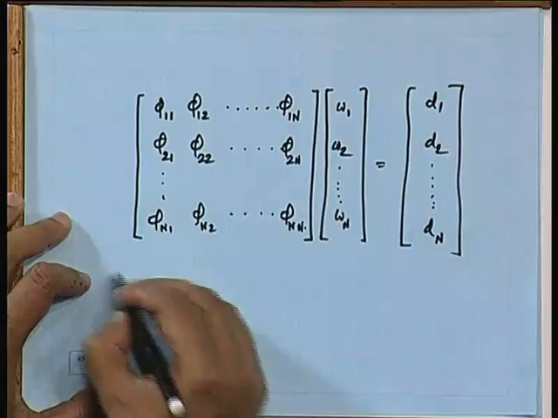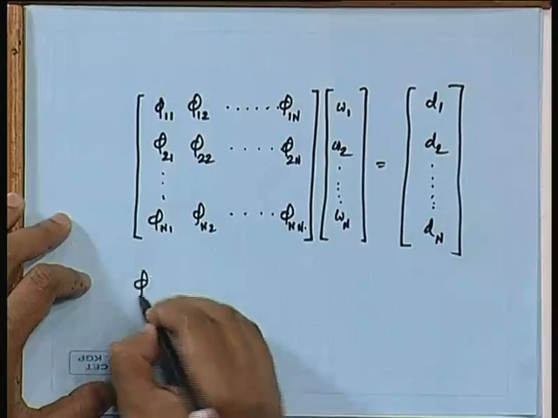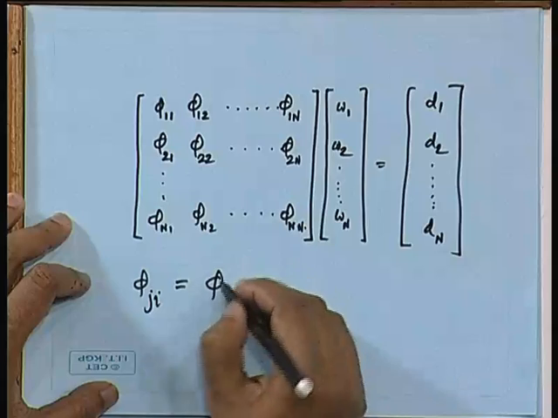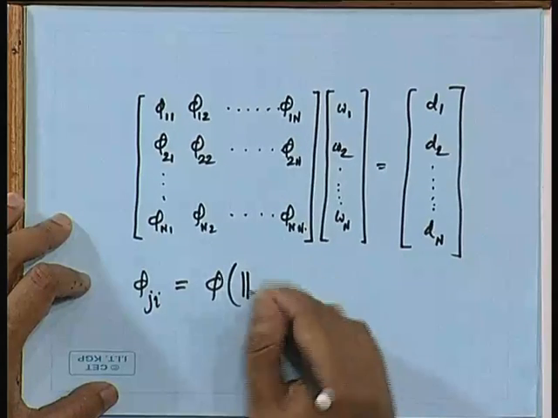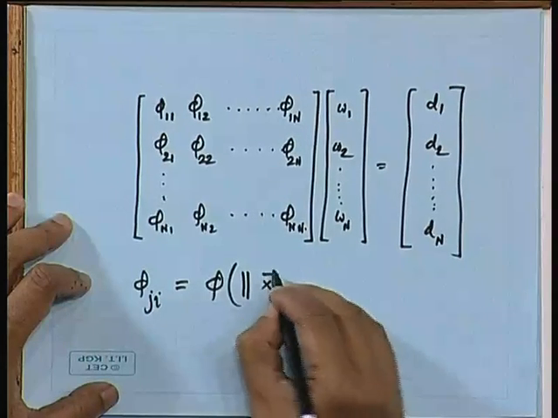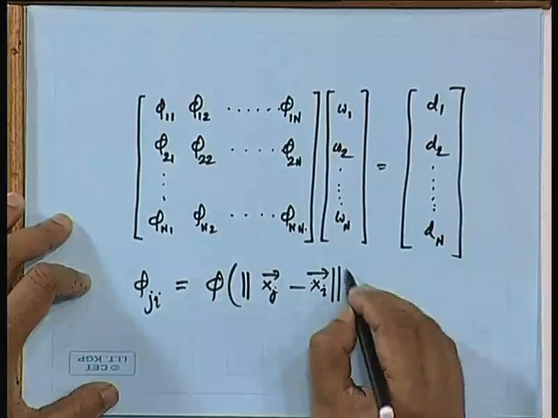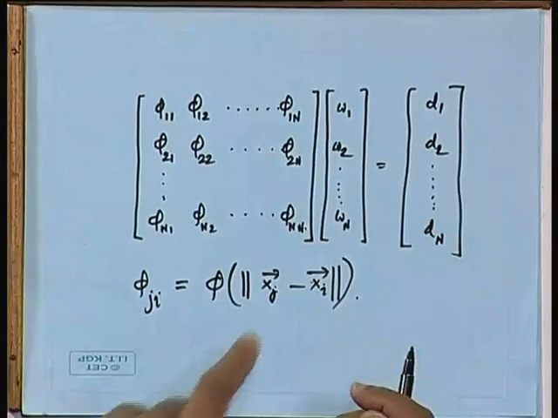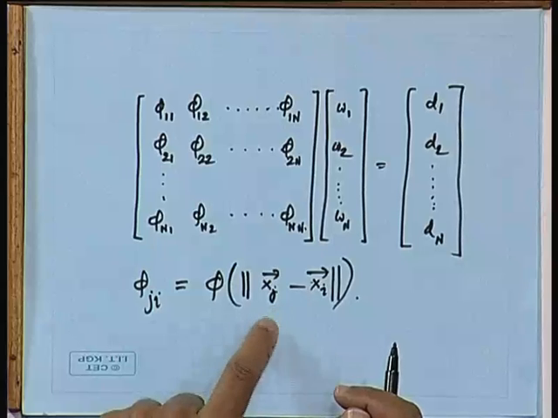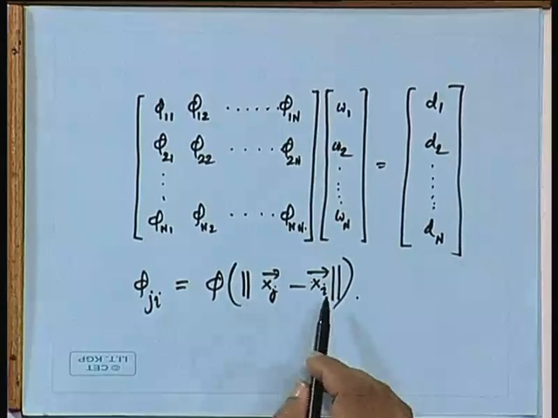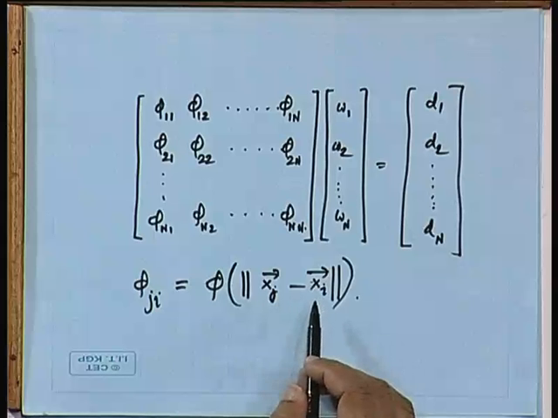So, here the definition is that phi ji that we are considering is the phi whose argument is the norm of xj minus xi. Here xj is the point for which you are calculating this function.